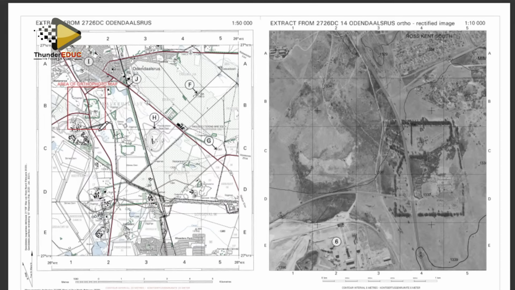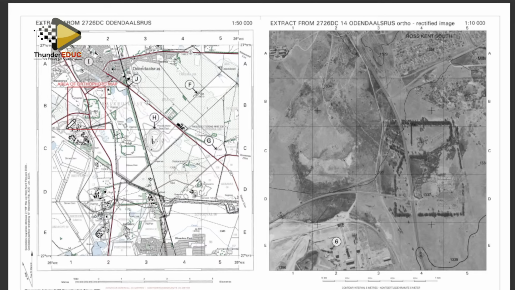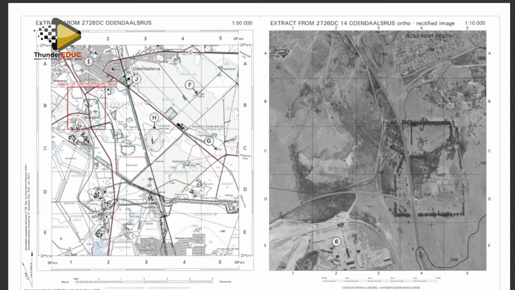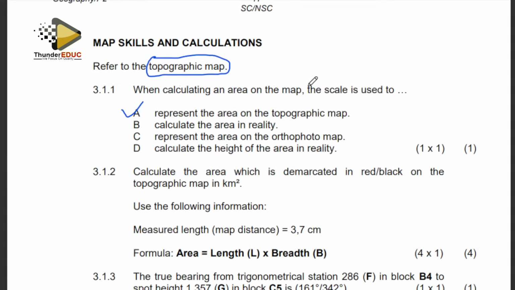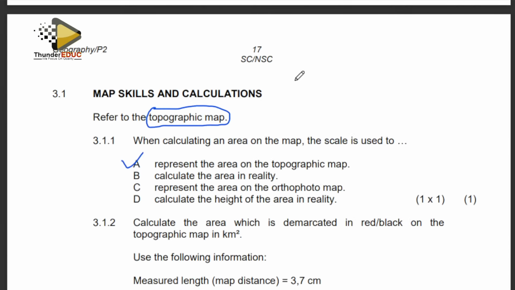The longest part will always be the length, and the shortest part will always be the breadth. You get your ruler and measure from here to here. But according to the question, the length is already given, so we are just going to calculate what is not given.